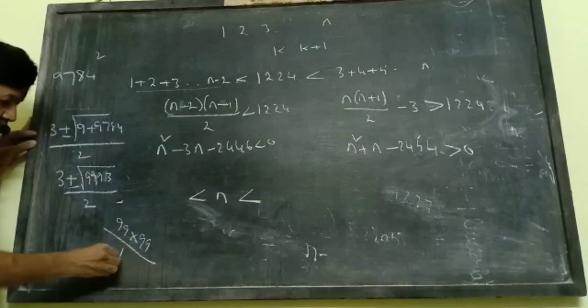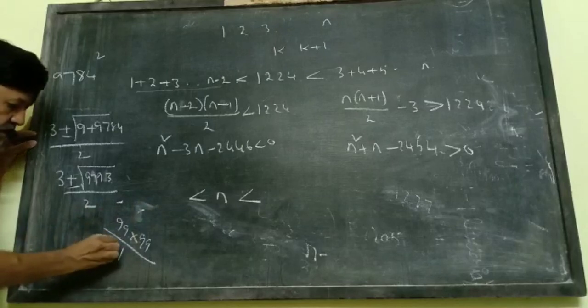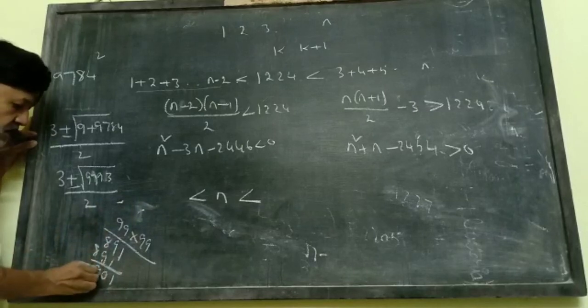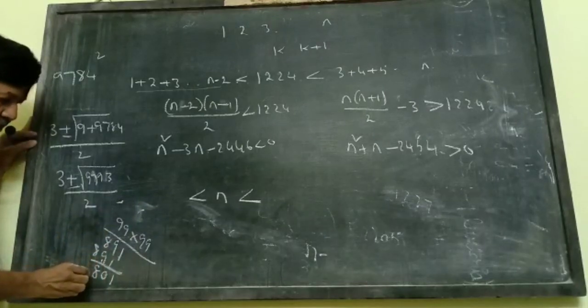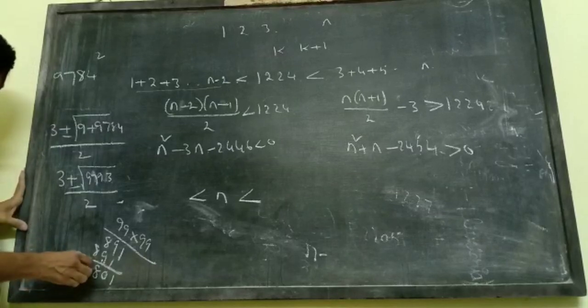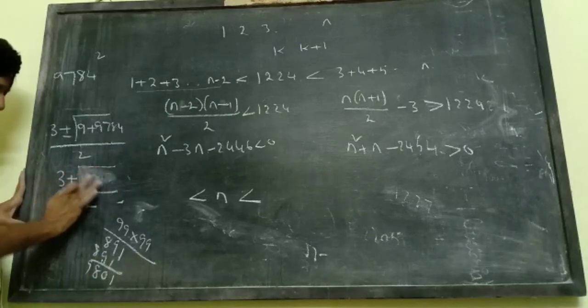9 9s are 81, 89, 891, 9801. So approximately I will take this as 99.